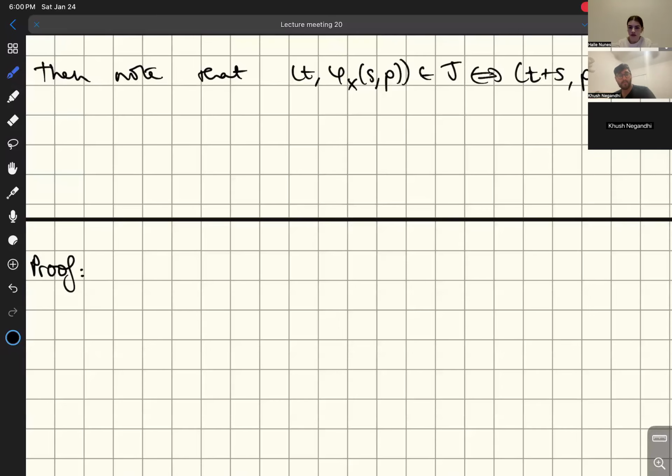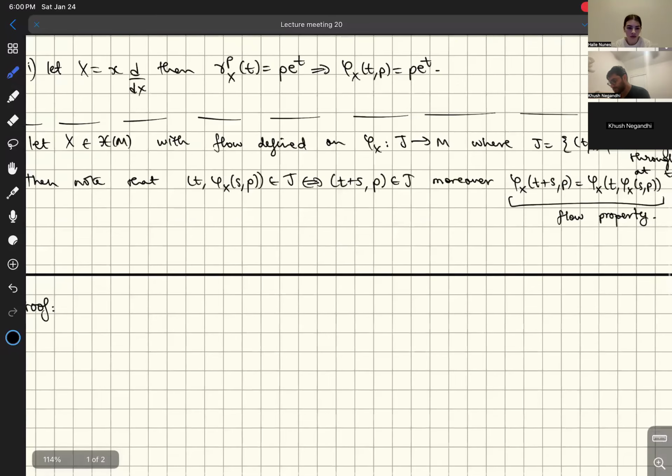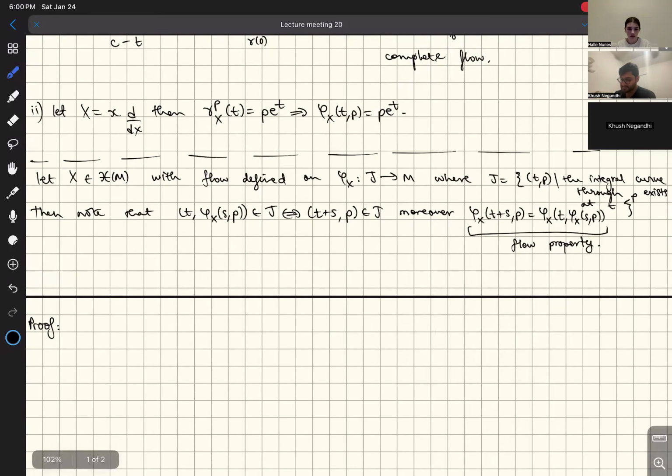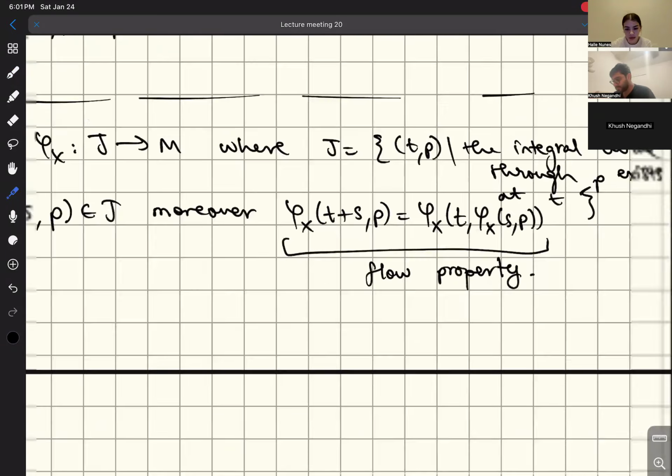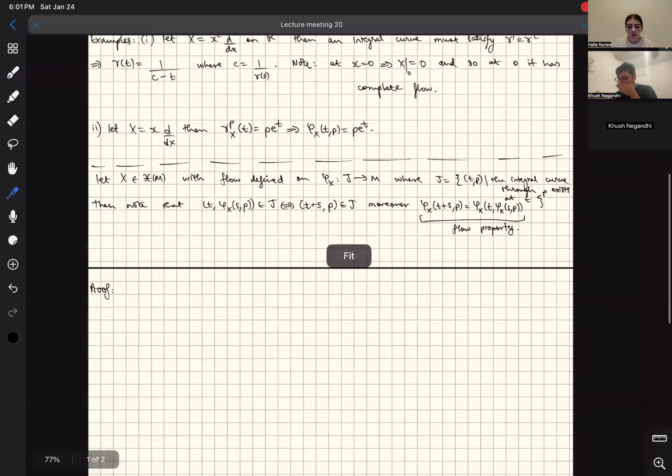All we really have to do is show that if I fix the point S, then both these curves are integral curves through the point phi of S. And then by Picard-Lindelof and maximality and uniqueness of solutions, these two things must actually be equal. The way we do that is we just differentiate both sides with respect to t.